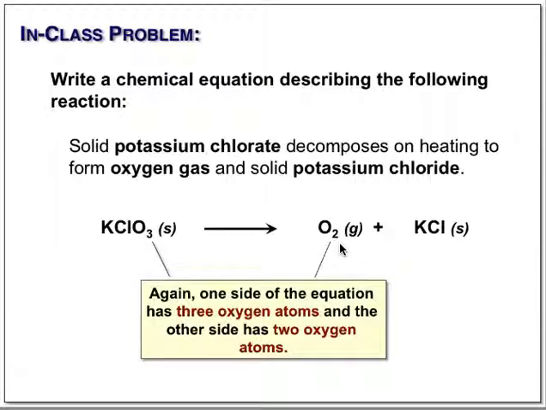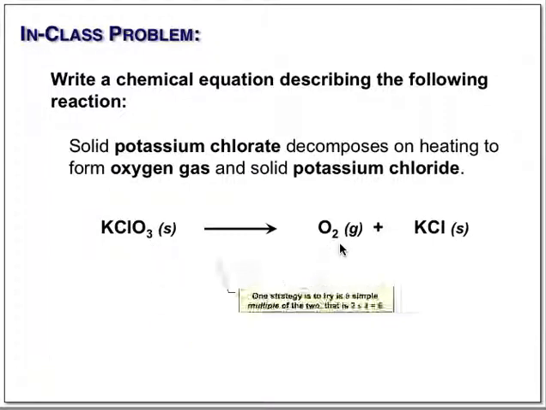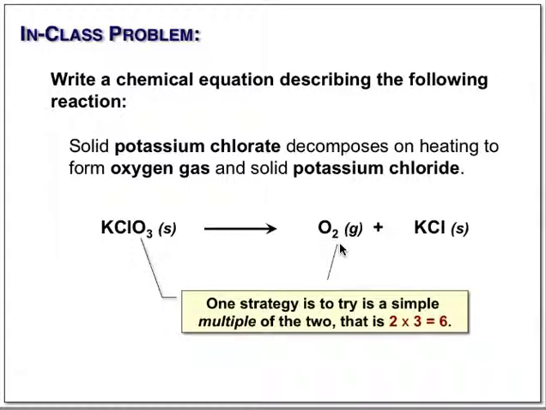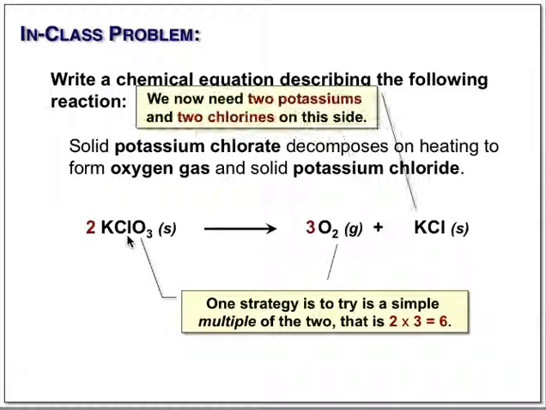So let's fix this so we have 6 atoms of oxygen on both sides. We start off with 2 potassium chlorates, and we get 3 molecular oxygens. Now we've also introduced 2 potassiums and 2 chlorines, so we need a 2 on this side. This equation is now balanced.